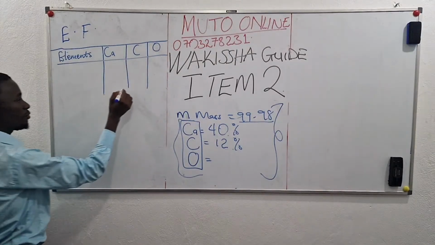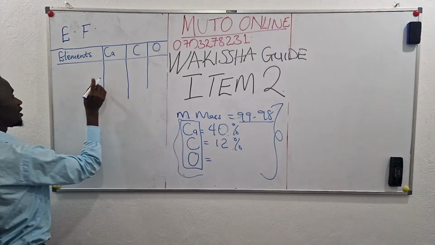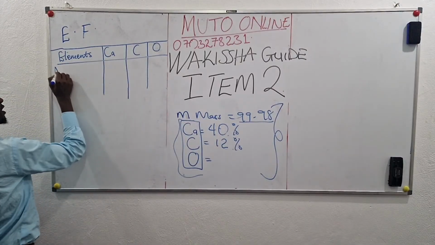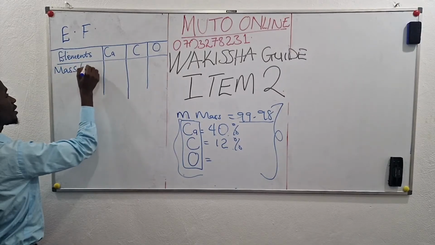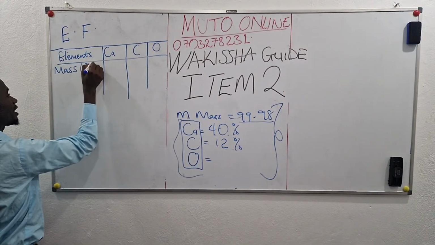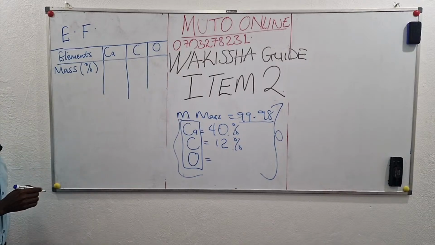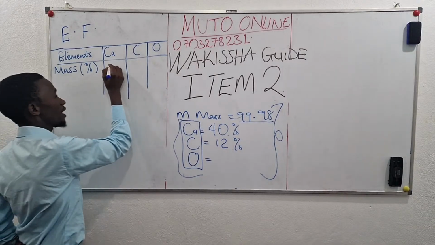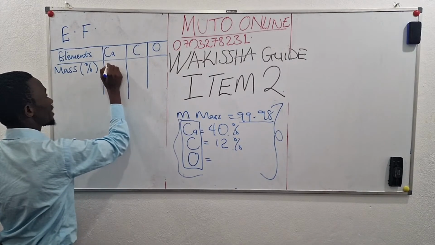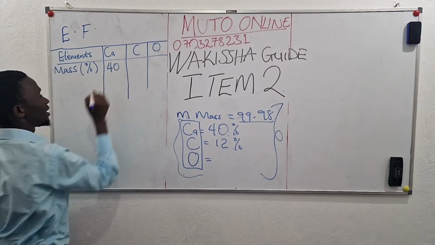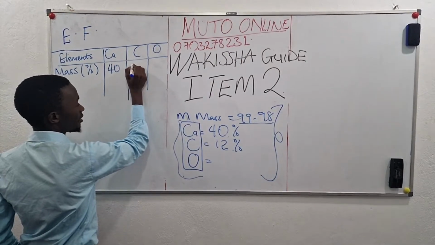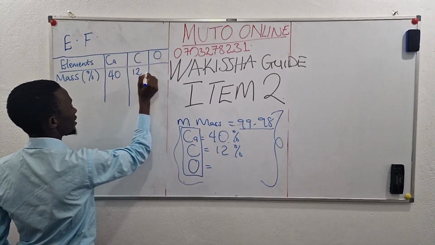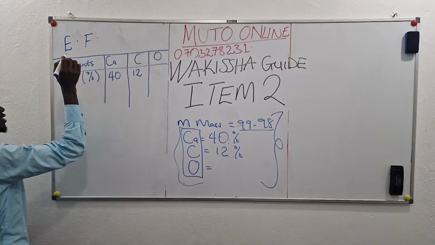The next step, my learners always state the mass of each of them that was given. This time the mass was represented as a percentage. So what is the percentage of calcium in the compound? They are telling us it is 40%, and carbon is 12%. The rest, they are saying, is oxygen.